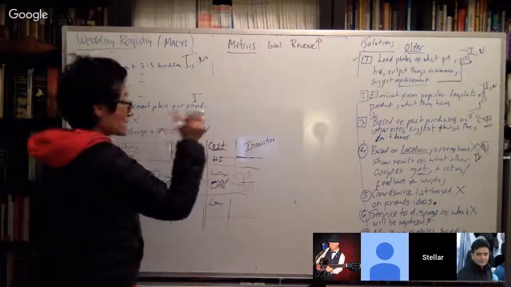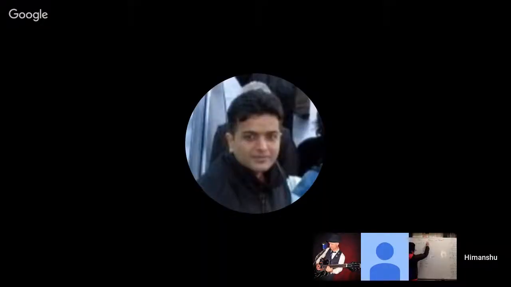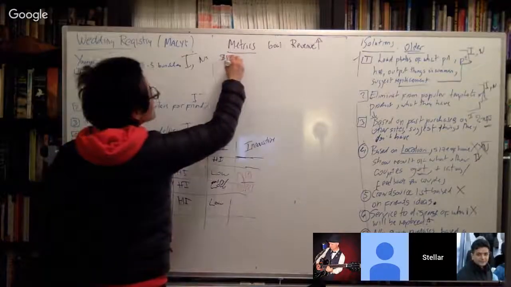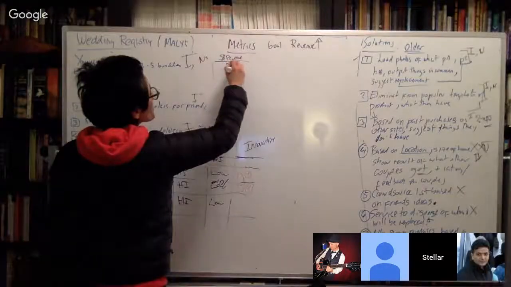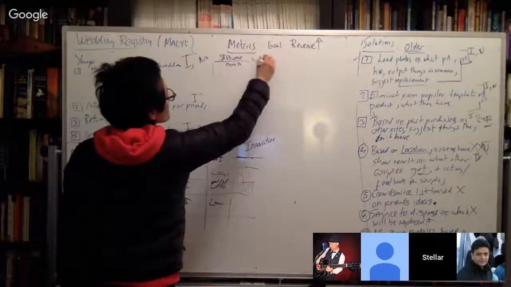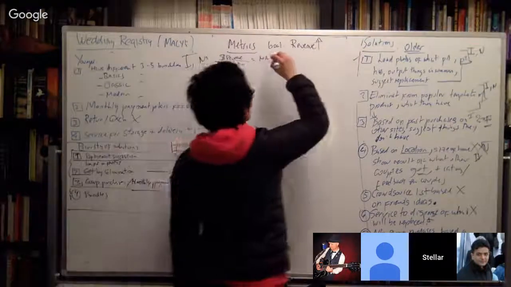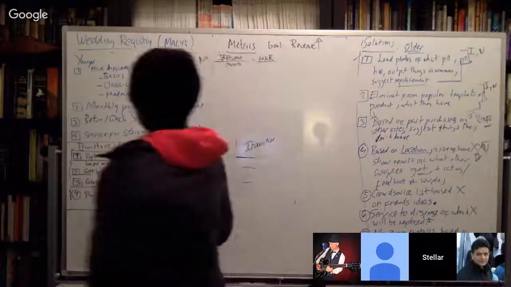But a main key metric is going to be revenue, per month, of course. Monthly average revenue, MAR or something.